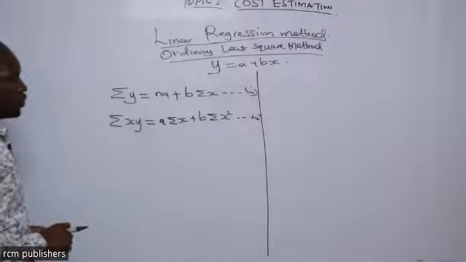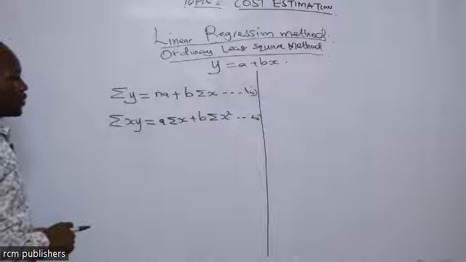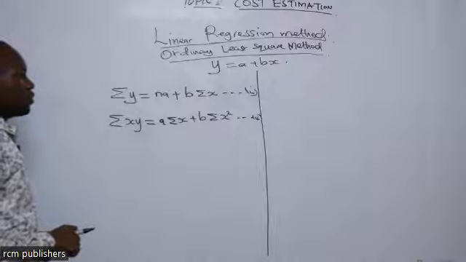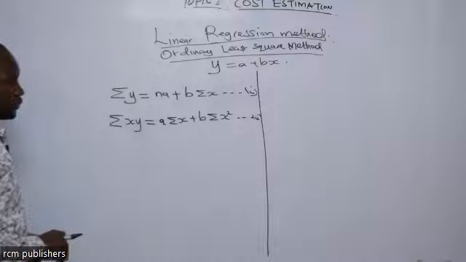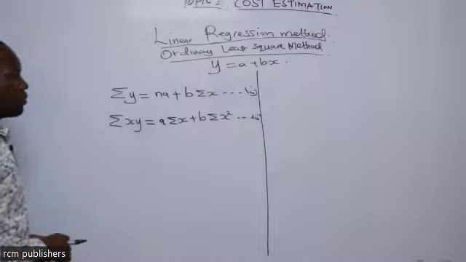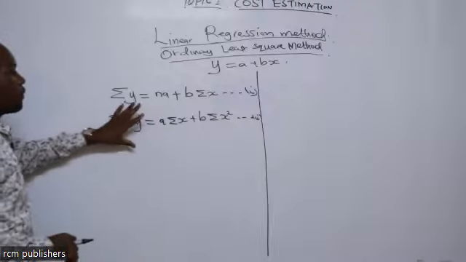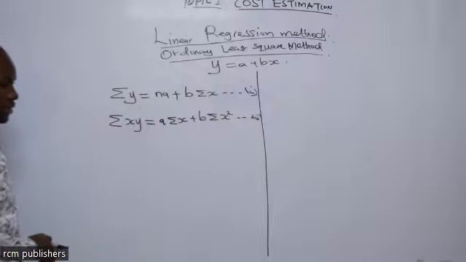So what are we going to do? Let's move first to get the value of B. How do we get B? So let's make B the subject of the formula in both cases.